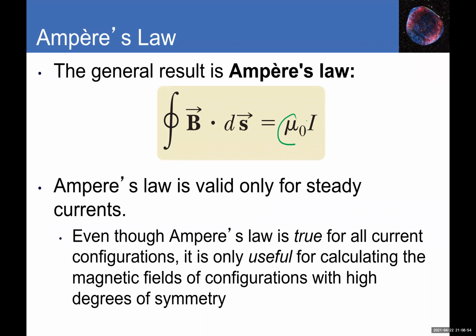So mu naught is nothing but the proportionality constant. It relates to the current distribution inside that imaginary loop.